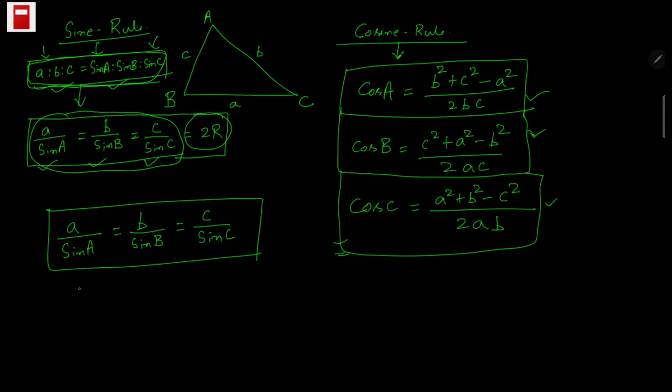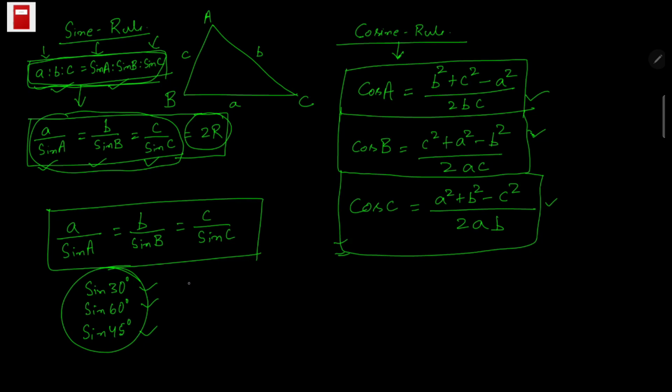But you must know the values like sine 30 degree, sine 60 degree, sine 45 degree. At least these values you should definitely be aware about. If you have passed your 10th, you must know these values.